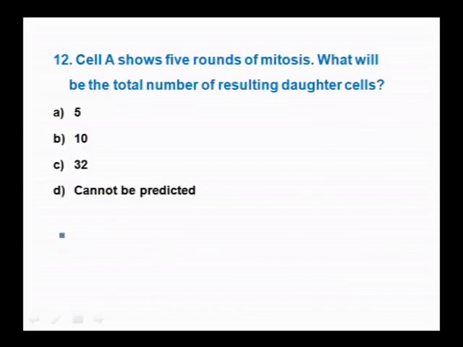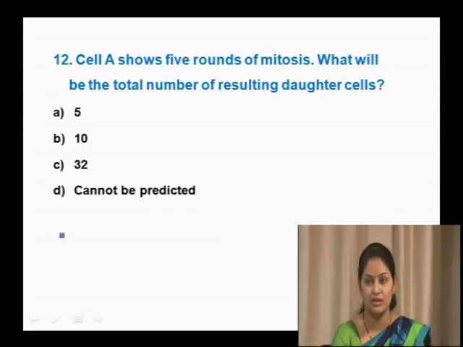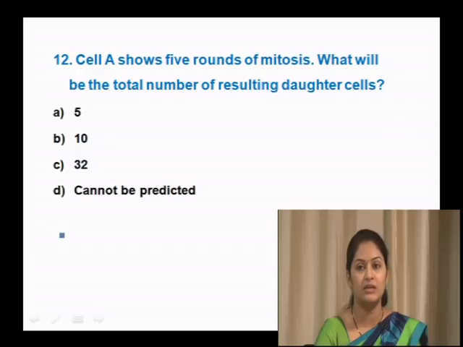Next one, cell A shows 5 rounds of mitosis. What will be the total number of resulting daughter cells? So the question reads like this: mitosis has occurred in cell A in 5 rounds, that is 5 times, and now you have to predict the total number of cells at the end of 5 rounds of mitosis. Let us identify the options here.